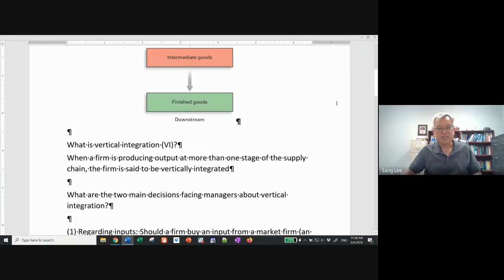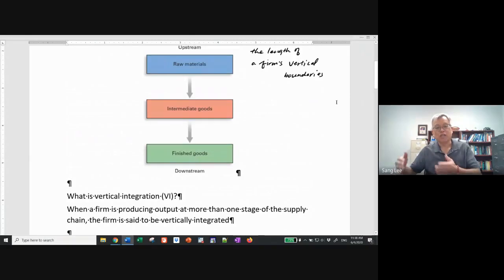And how many downstream divisions would you like to have in-house? The more outside independent firms you use, the shorter your supply chain. Or the more stages of production you perform in-house, the longer your supply chain.